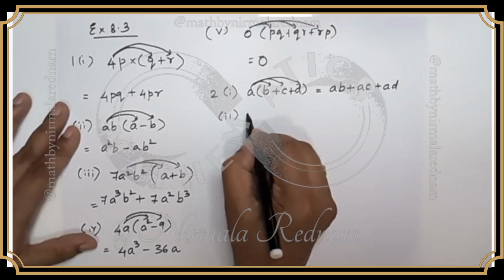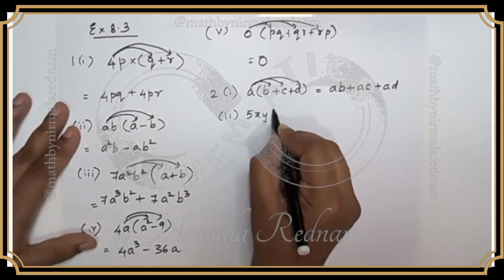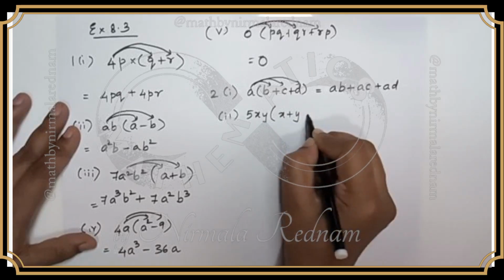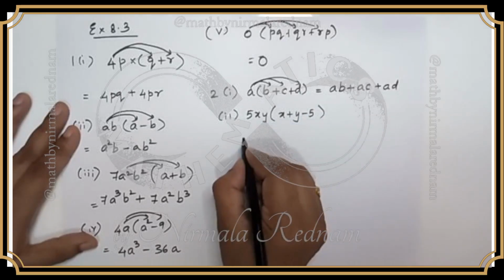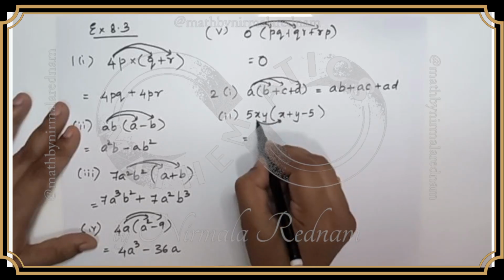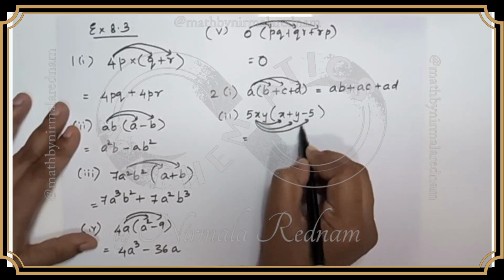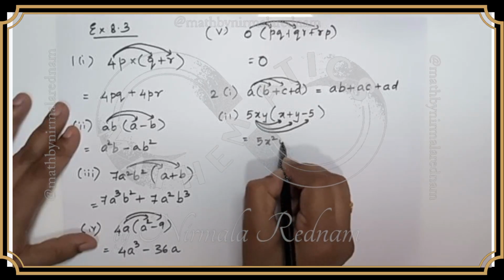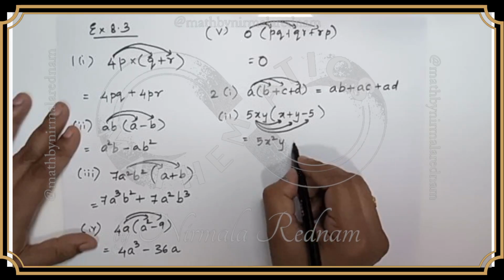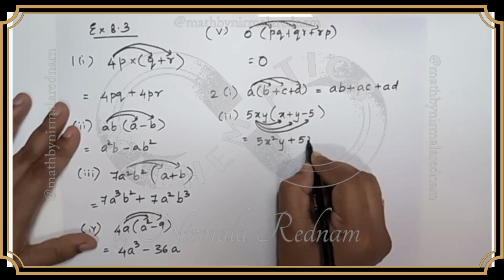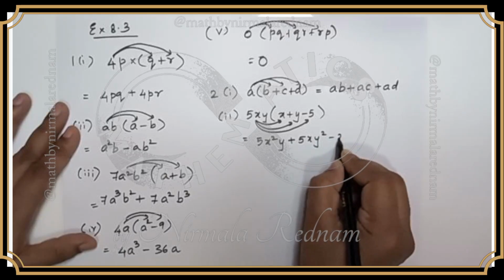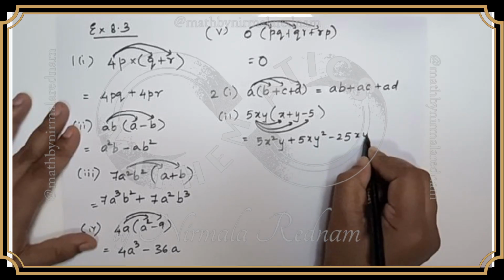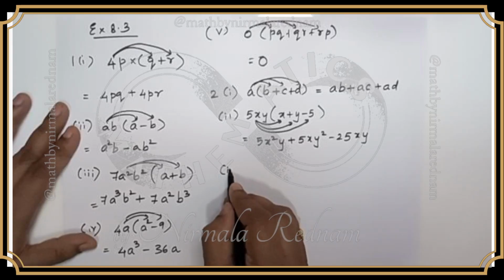Second question, 5xy into x plus y minus 5. So again, every term inside the bracket, 5xy into x is 5x square y, right? And then I have 5xy square minus 25xy, right?